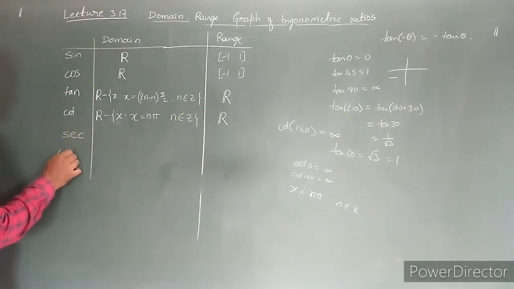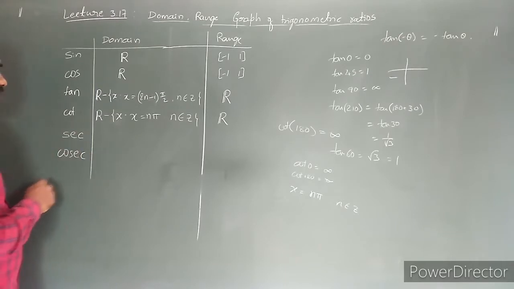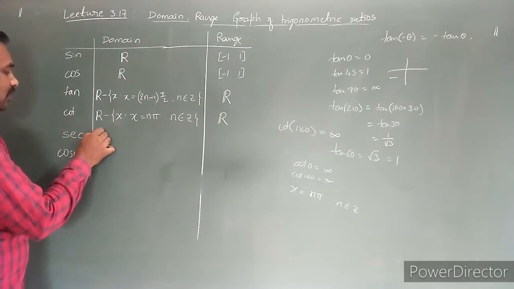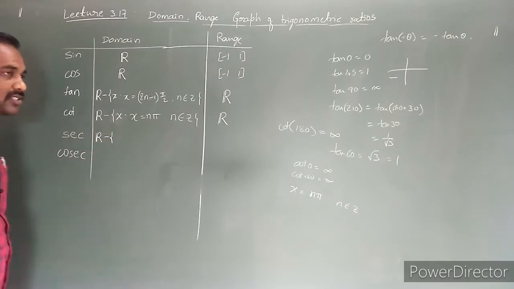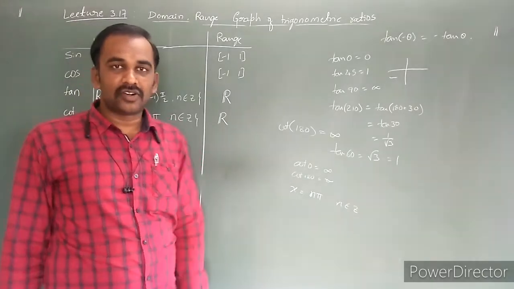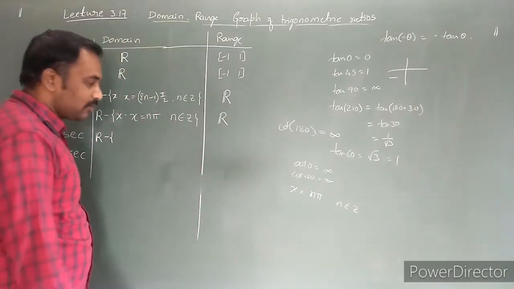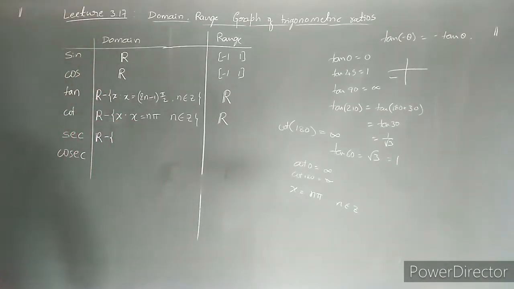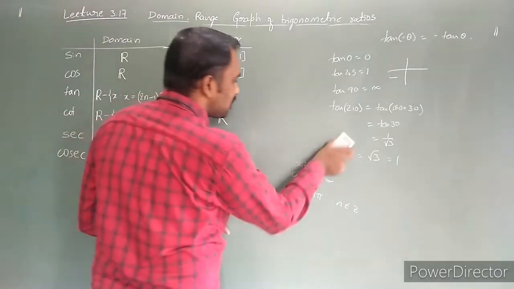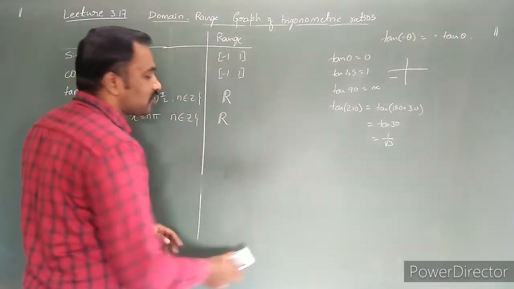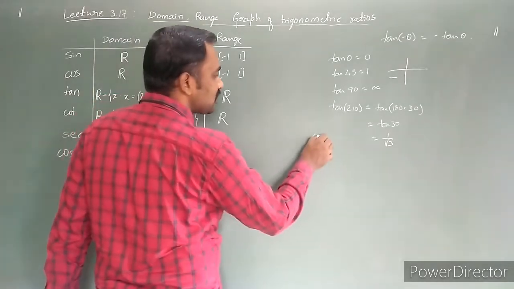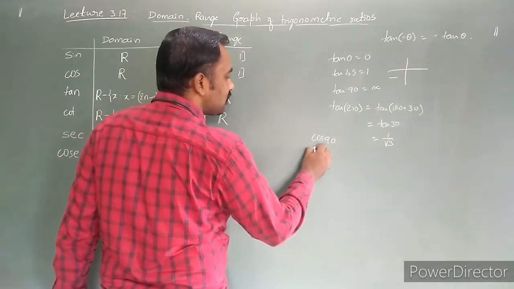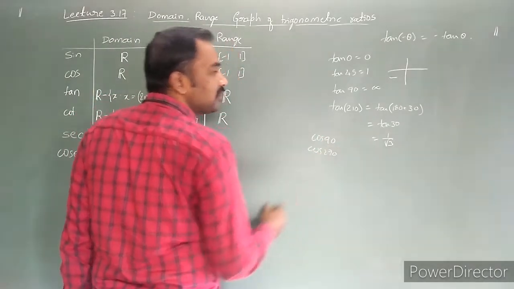Next, the sec function and cosec function, two functions. Sec: all the real numbers as domain. Here also, sec of how much is not defined? Check it. Sec is nothing but the reciprocal of cos. Cos of how much is 0? Cos of 90 is 0. Cos of 270 is 0.